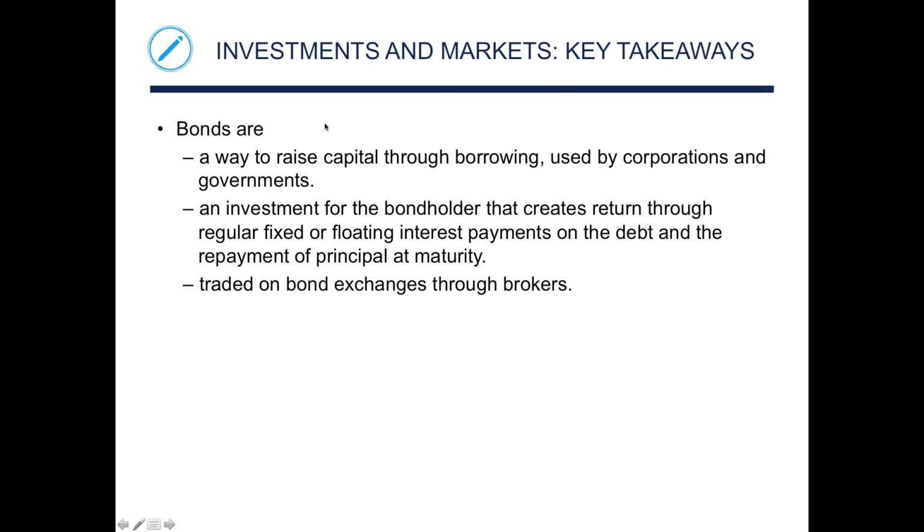Some key takeaways from bonds is that bonds are a way to raise capital through borrowing used by corporations and governments. So if you Google whenever you get a chance, municipal bonds, and then a city, like wherever you live, Miramar, Pembroke Pines, or whatever, you may be able to find some government bonds.